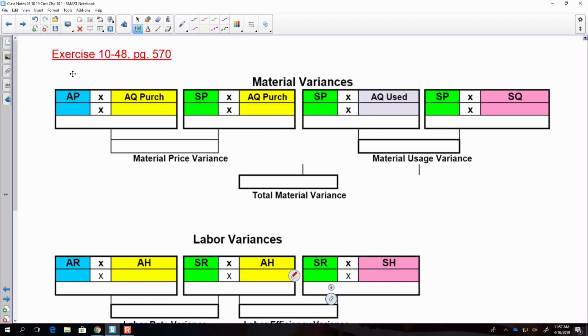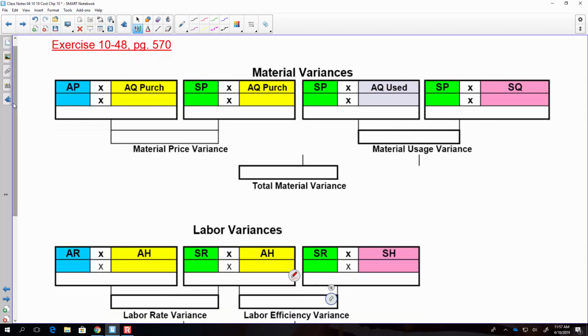So on page 570, let's look at our next problem, 48. This problem is written out kind of piecemeal again, and this will help us find those things that might give us problems on the test.